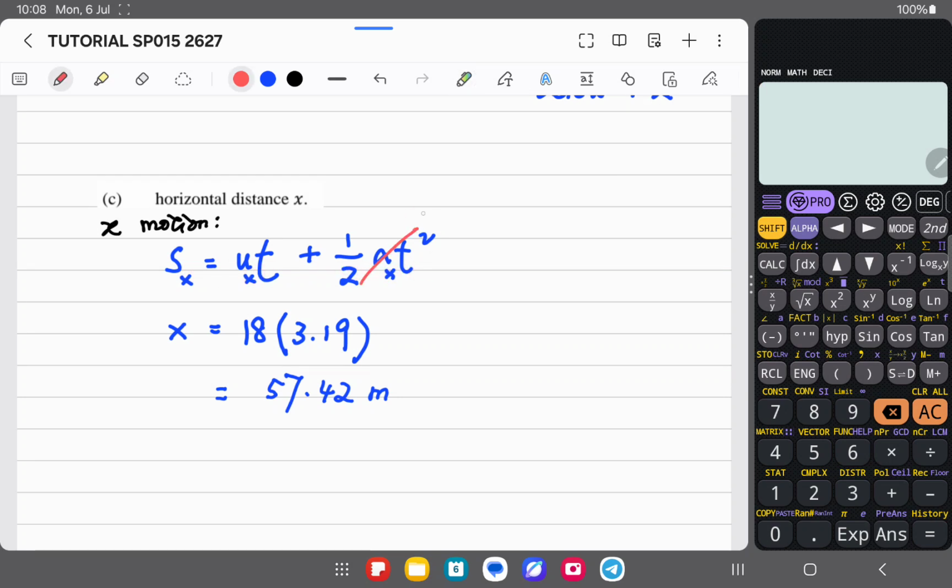We understand that there is no acceleration along the x-axis. So Ux is 18, and the time taken for the projectile motion is 3.19. So the horizontal distance traveled by the stone before it lands on the beach will be 57.42 meters.